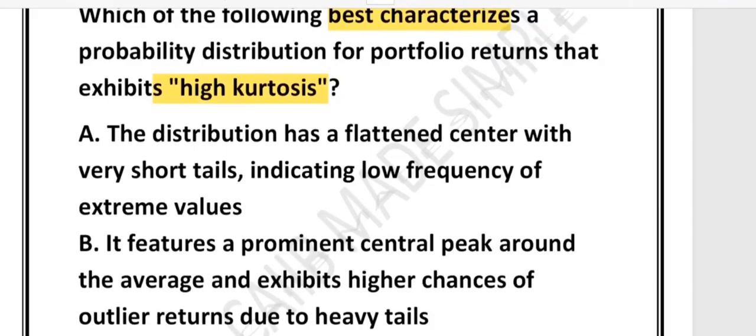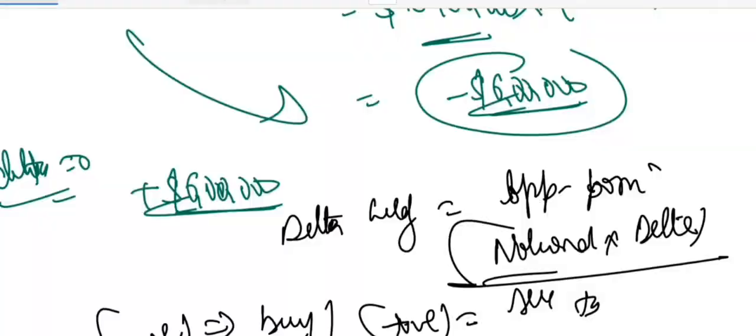Let's first understand the meaning of high kurtosis. Whenever kurtosis is high, it means the distribution is peaked at the center. Please remember it. Which means most values are close to the average.